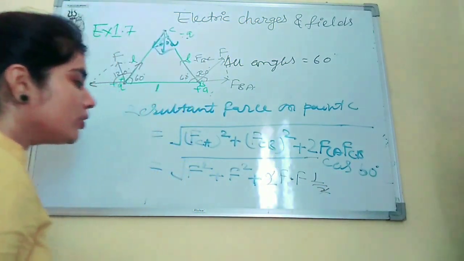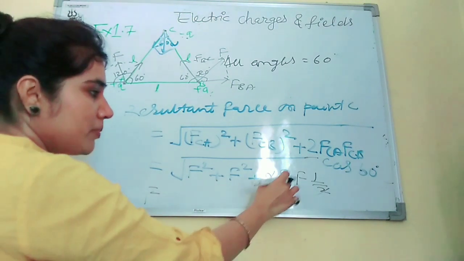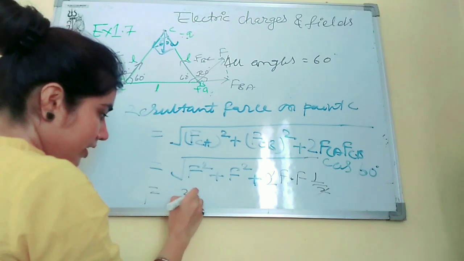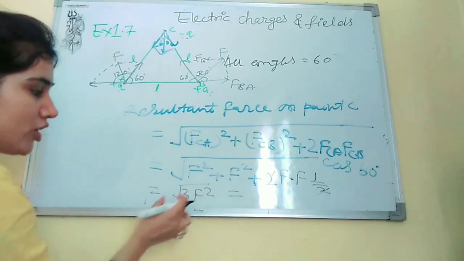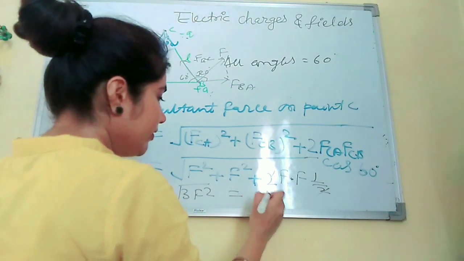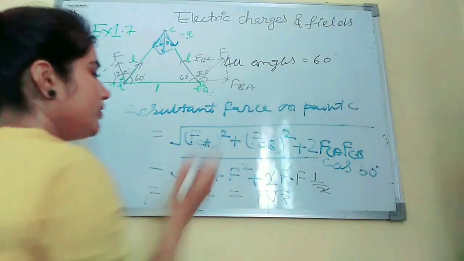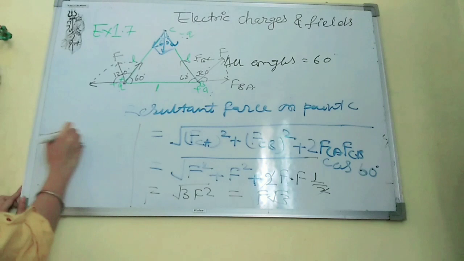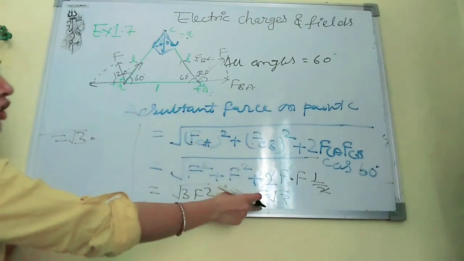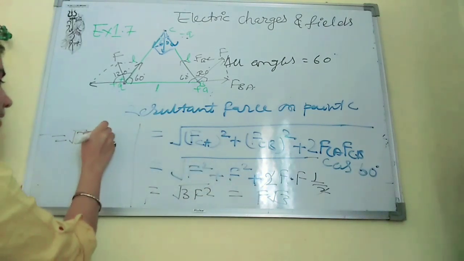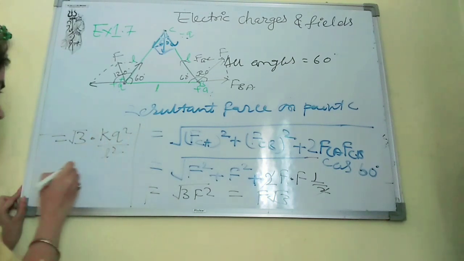The 2 cancels out, so it will become F square plus F square plus F square, which is 3F square. We take it out of the root, that will be F root 3. So the resultant force on point C will be root 3 into F. What was the value of F? We simply put it, KQ square upon L square.